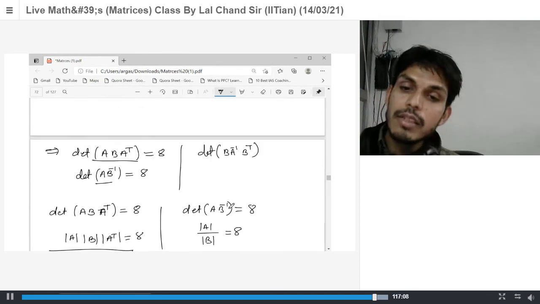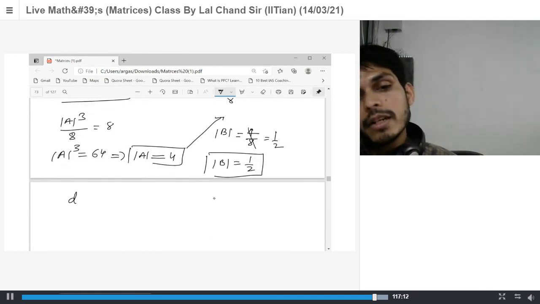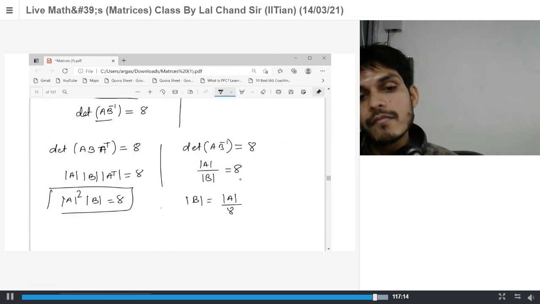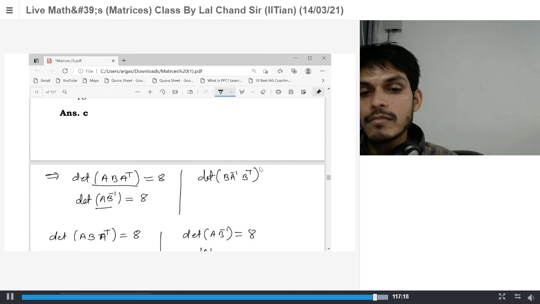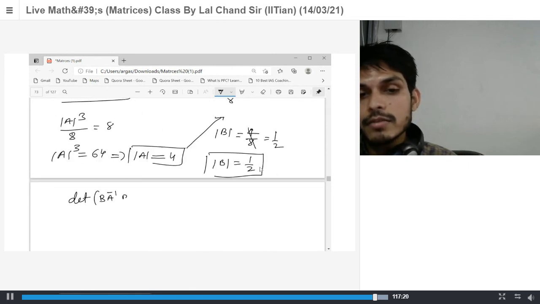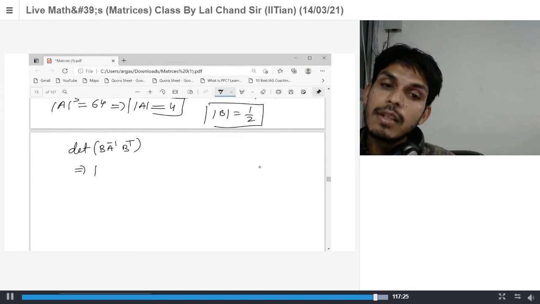Now we need to calculate this. The determinant value of B A inverse B transpose. Here we can write B, that is 1 by A, and that is B transpose.